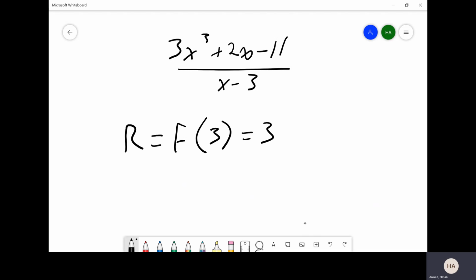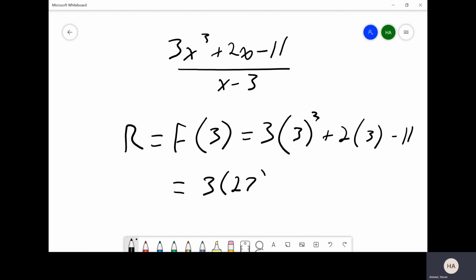Okay, so what that tells you is that you're going to plug in 3 wherever there's an x on top. So we have 3 times 3 cubed, instead of it being x cubed, plus 2 times 3 minus 11. Okay, so doing some simplifications, 3 cubed is 27. So we have 3 times 27 plus 6 minus 11.